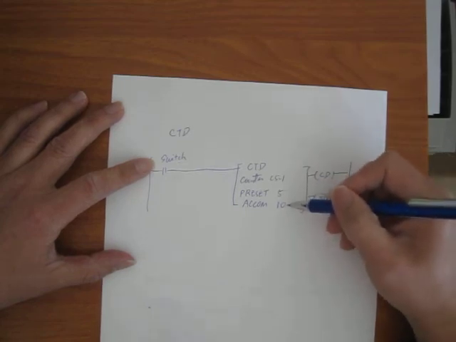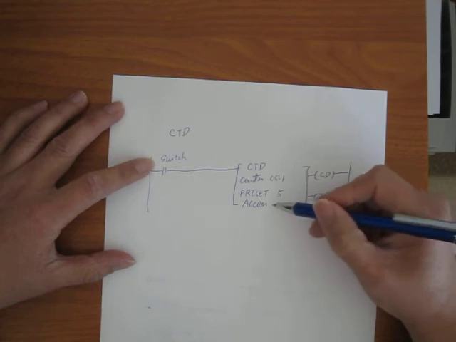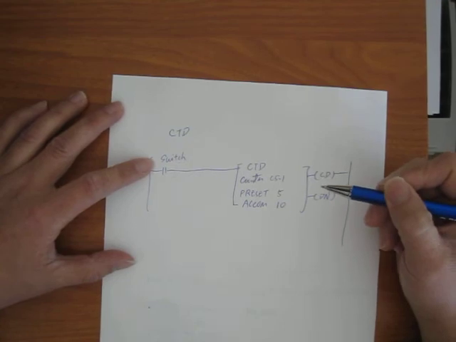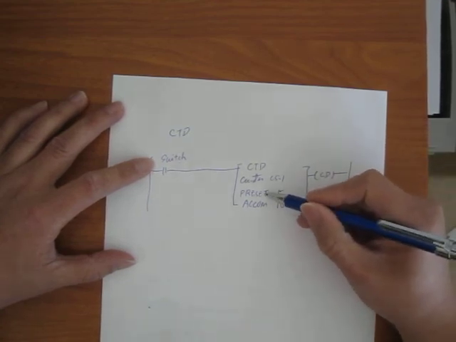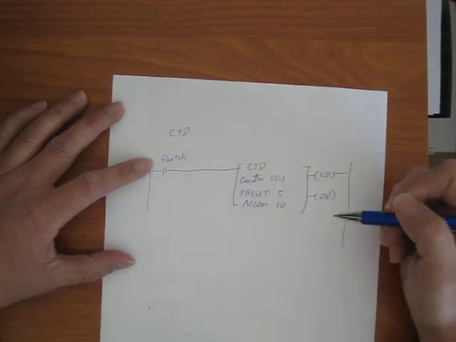So for this accum, you initially have to set a bigger number than preset. And then when the accum is less than preset, your CTD DN will become true.